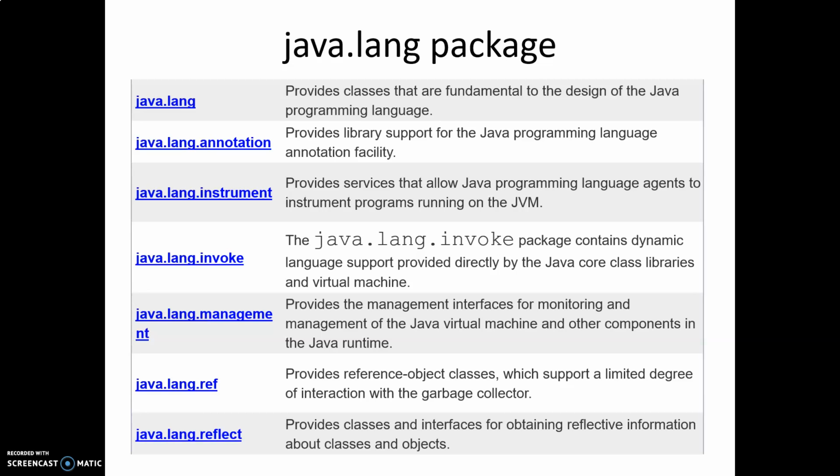Then next is java.lang.reflect, and this reflect contains the classes and interfaces for obtaining reflective information about the classes and objects. Something like reflective, let us say, about the event handling mechanism. Whenever an event is raised, it automatically reflects to the event listener, and the event listener does the job whatever is required. So here we are making use of the reflect present inside java.lang.